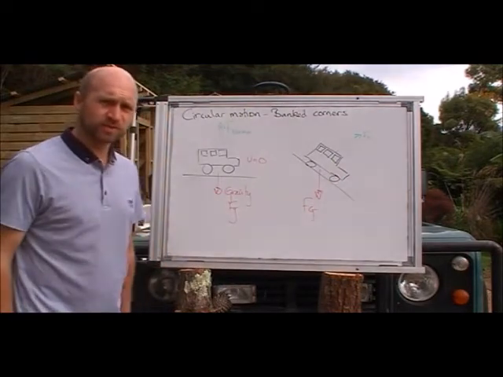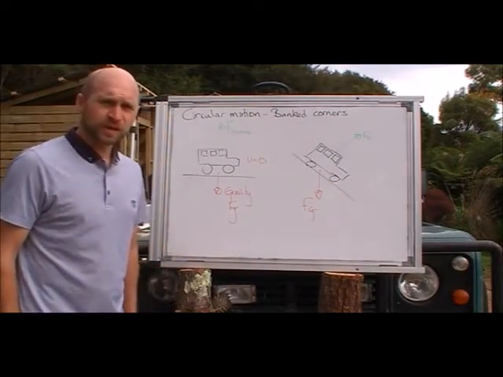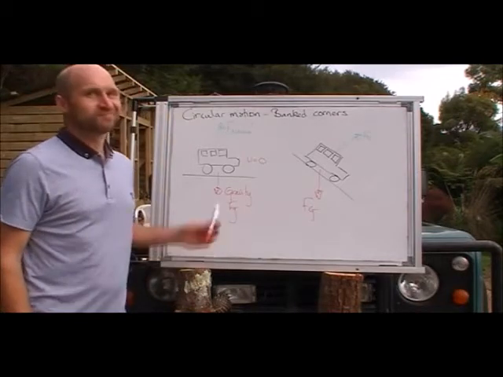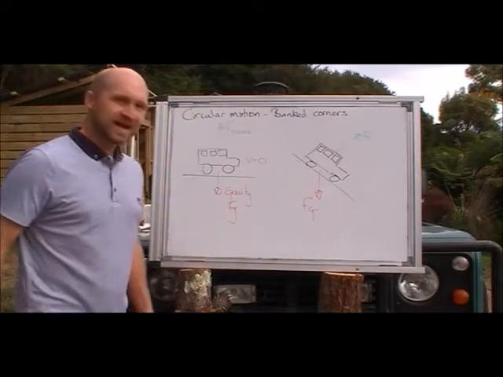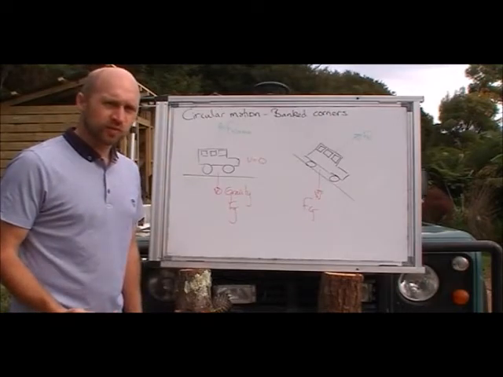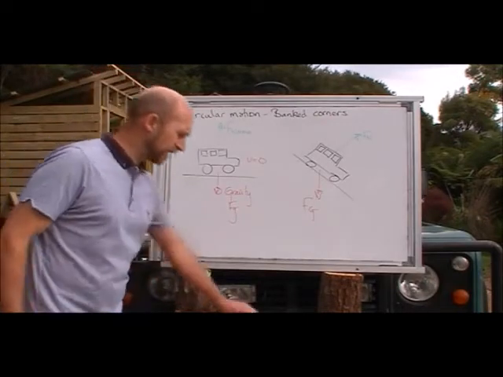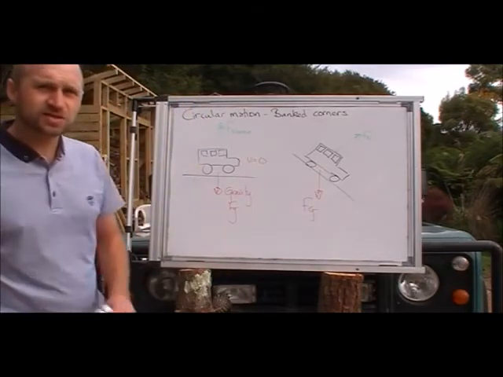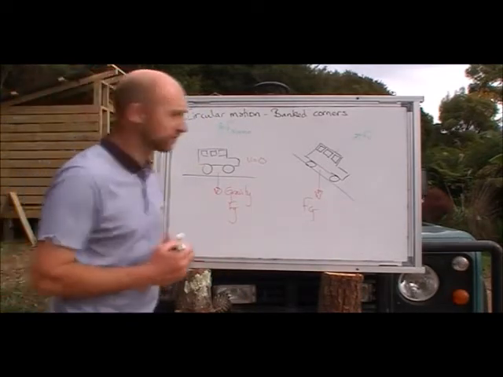Now we've got a problem, don't we? Because before we had the normal force exactly equal and opposite to gravity. Now it's not. Now we've got to add another third force into the equation in order to balance things. What's that force that's parallel to the surface? That's the friction force.